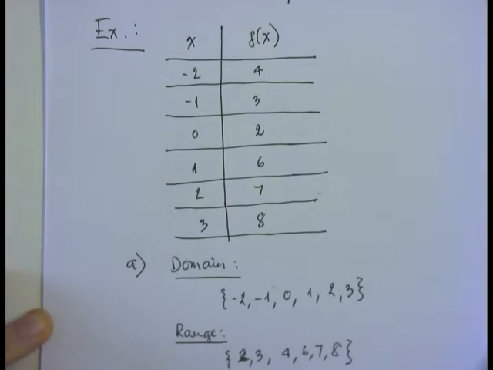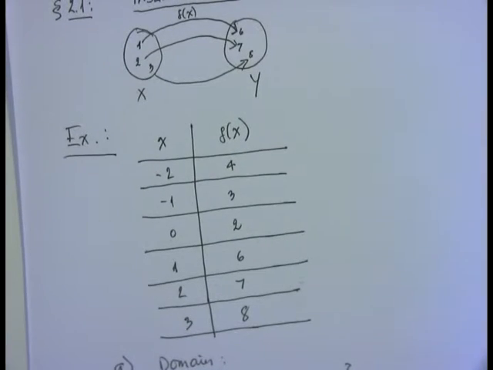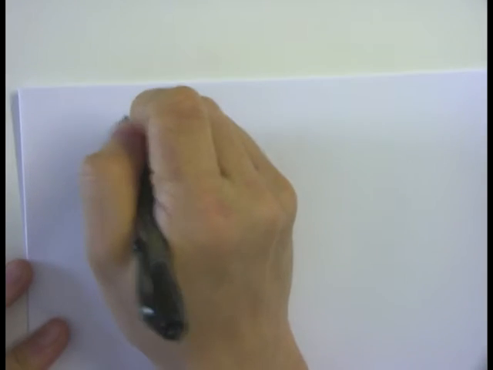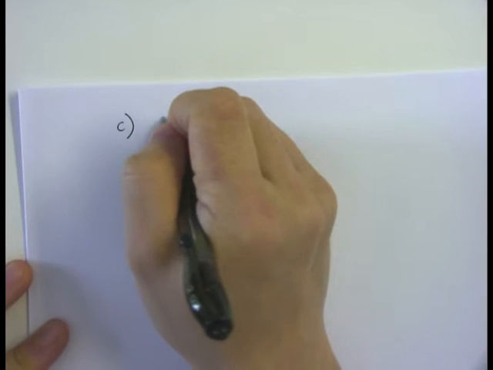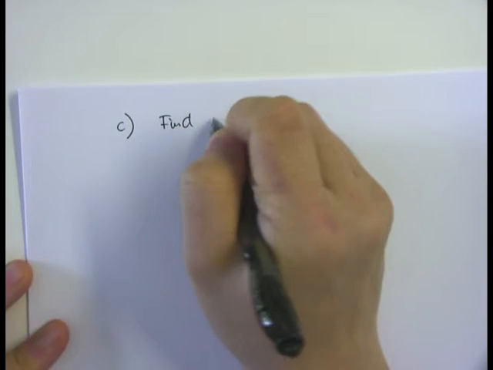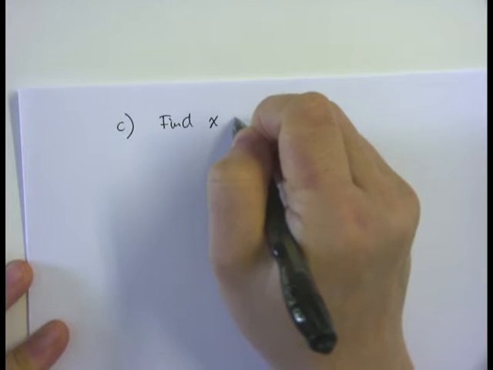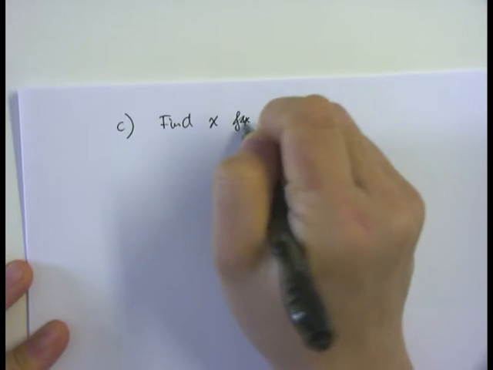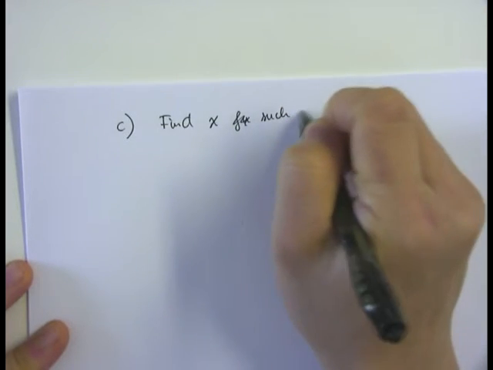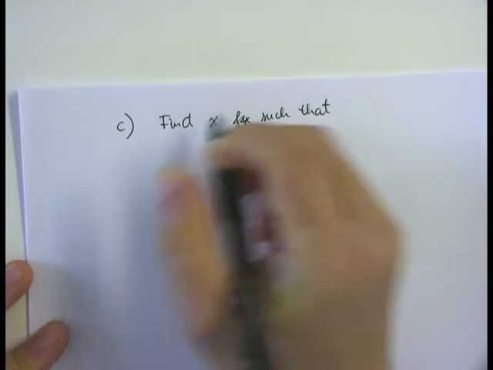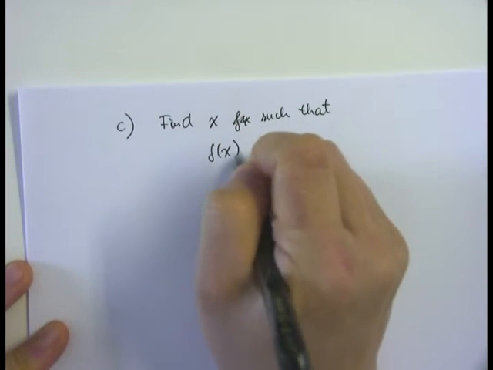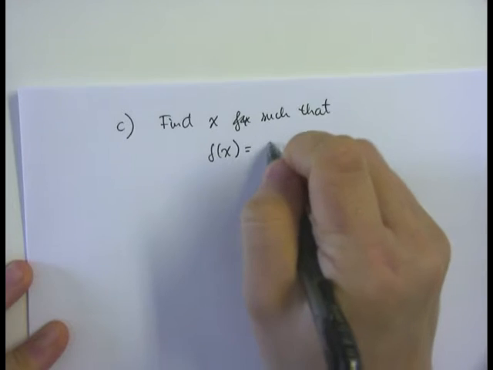Okay, and now once again, directly from the same idea of a table, what happens if someone asks you a question in part C, such as find x. We want to find the x value such that f of x equals 4.